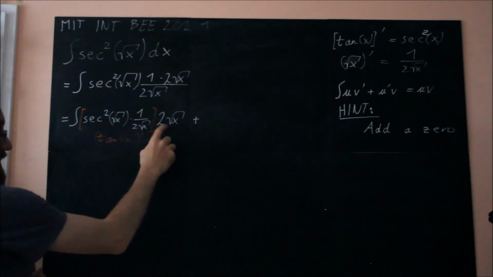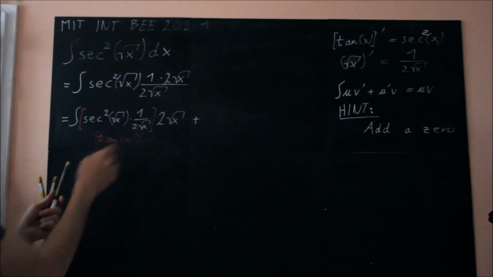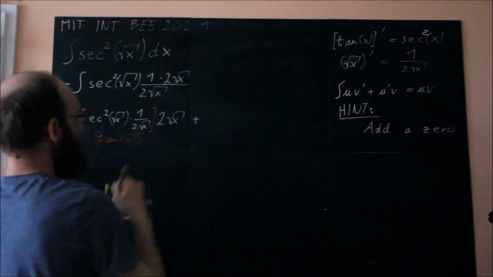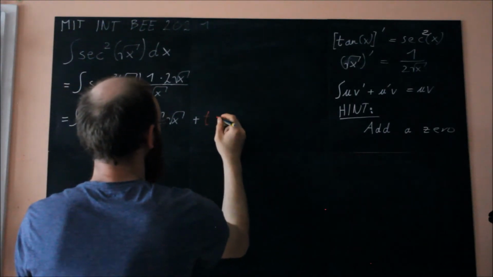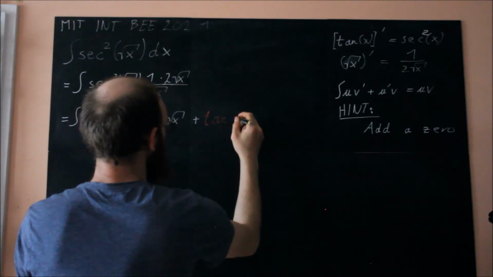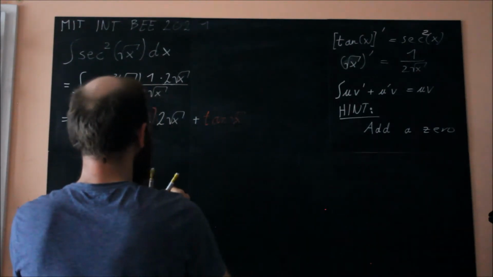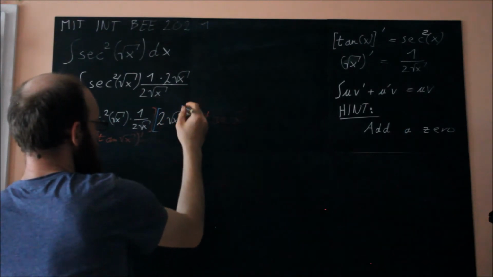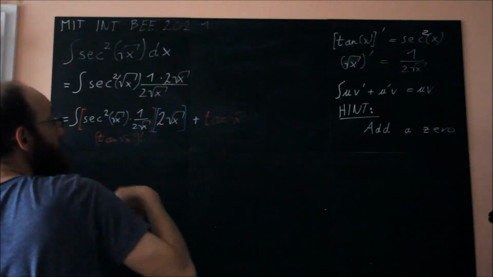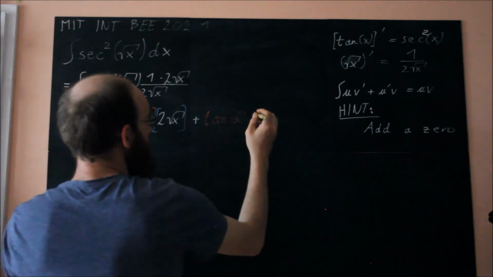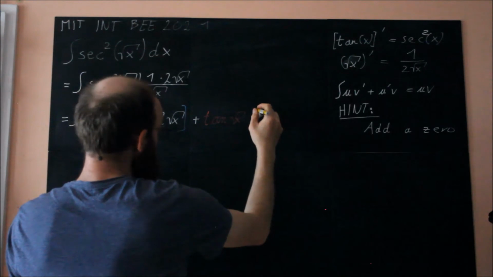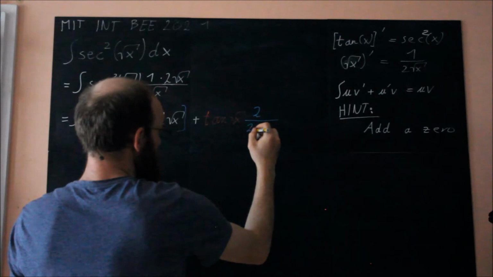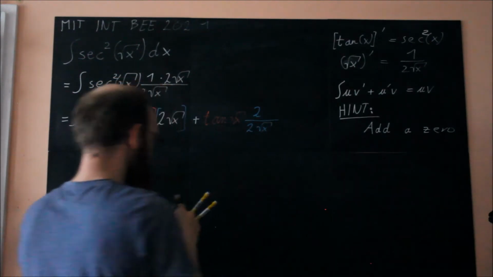And here we have 2 times the square root of x, so it would be useful if we add tangent square root x, and in blue, from the blue part, the derivative, so it's 2 times 2 over square root x, okay?